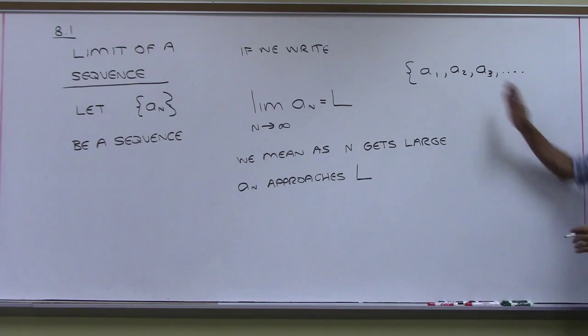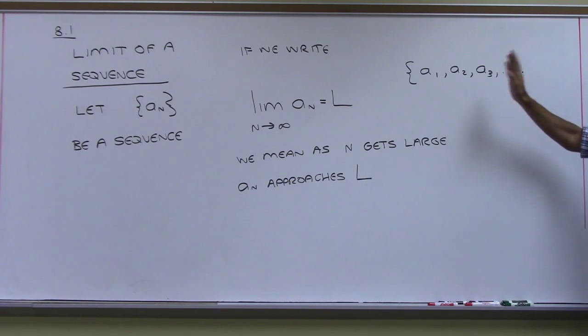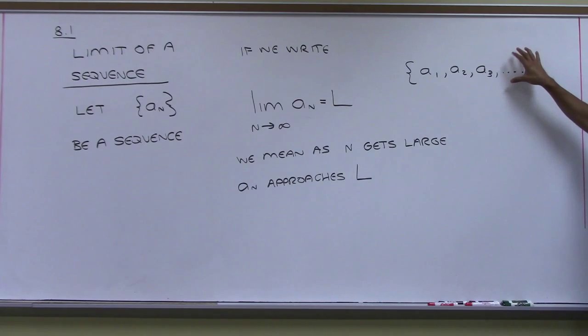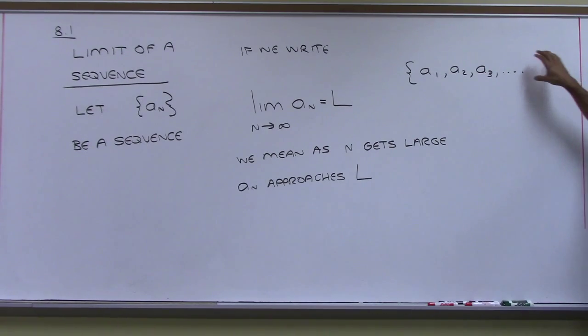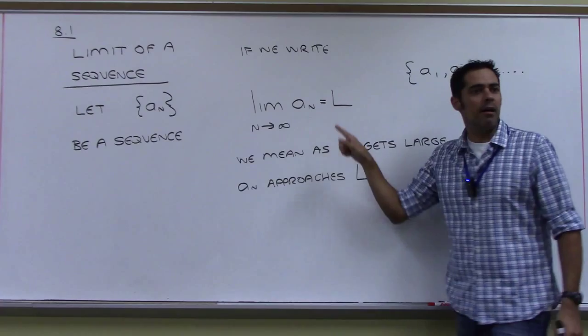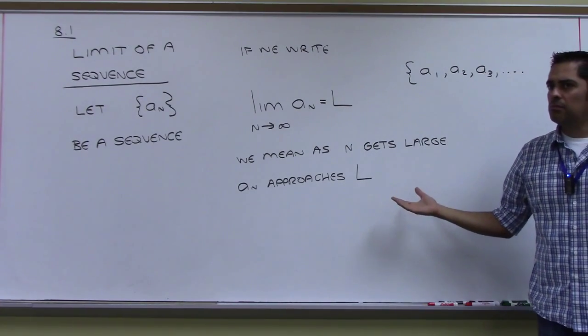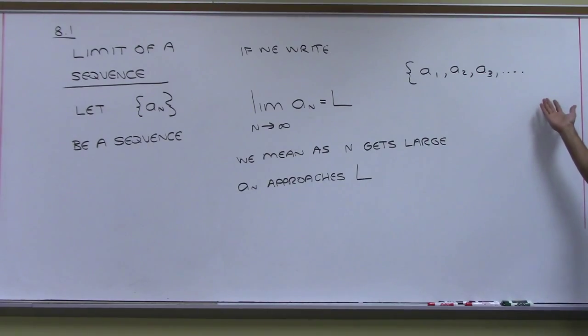If this sequence is infinite, these numbers probably change. They don't have to. It could just be 1, 1, 1, 1, 1, but that would be kind of boring. So the question is, do these actually get closer to a number? If they do, we will call that capital L, and that's the limit of the sequence. That makes sense to you? The question is just, where is that thing headed? That's it.